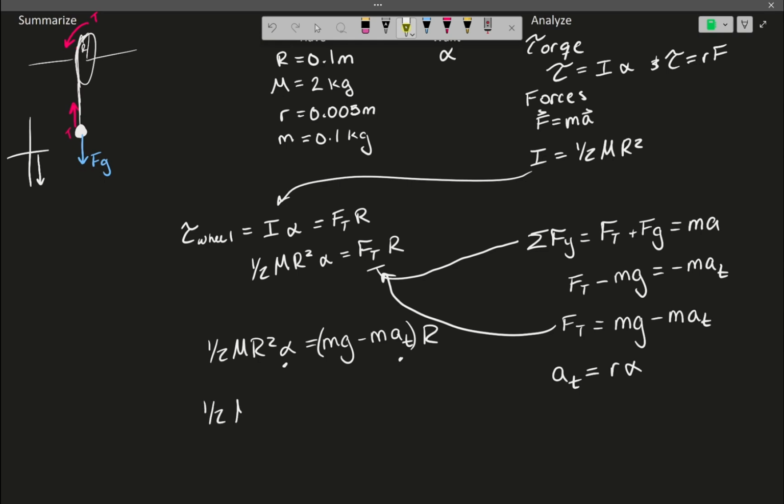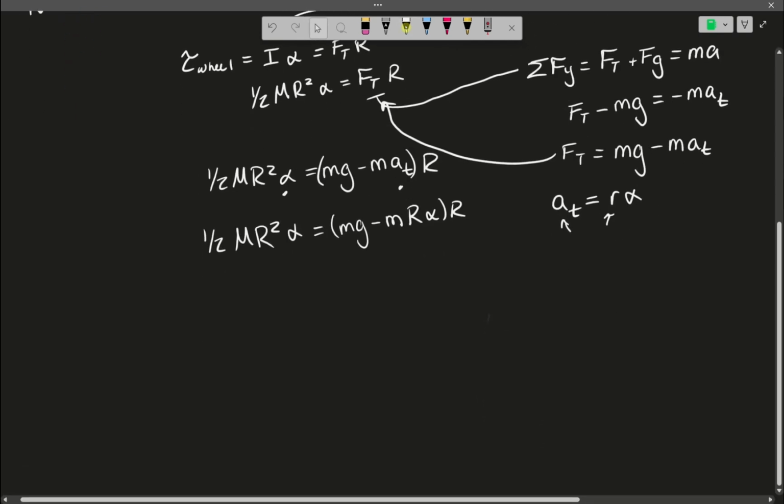So that means I have 1/2 m capital R squared times alpha is equal to mg minus m times r, but it's going to be the big R because the tangential acceleration is not dependent on the radius of my ball that's falling. It's dependent upon the radius of the disk, and I'll multiply that times my angular acceleration, and then I'll multiply it times r again.